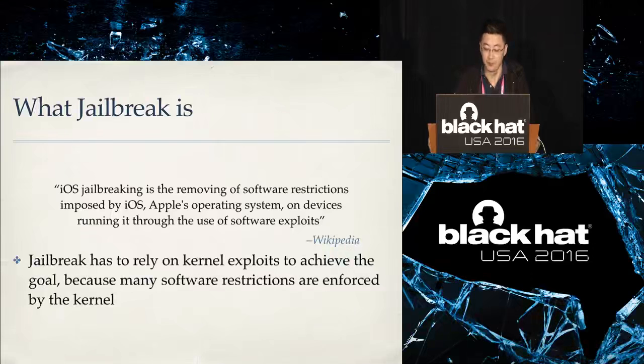So basically, jailbreak has to rely on kernel exploits to achieve the goal, because many such restrictions are enforced by the kernel. So in other words, one very important thing for jailbreak is to do the kernel exploits.